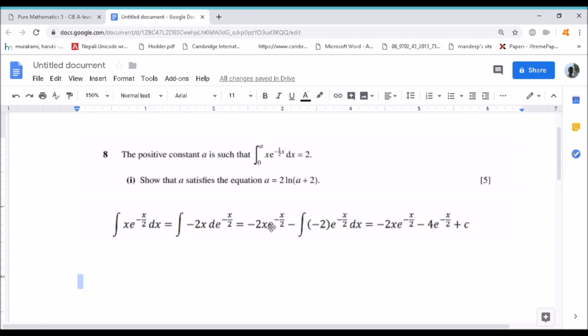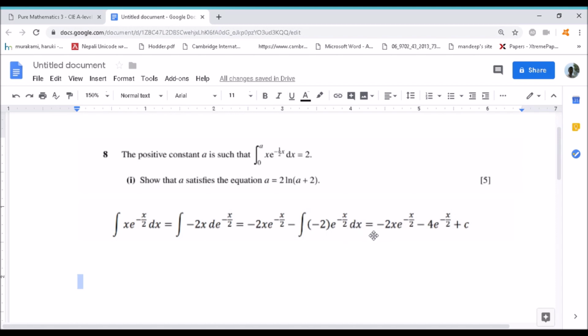Dividing by the derivative of -x/2, the 2 goes to the upper part, so it makes -2x e^(-x/2) minus the integral of the derivative of u, which is 1, times -2 e^(-x/2).